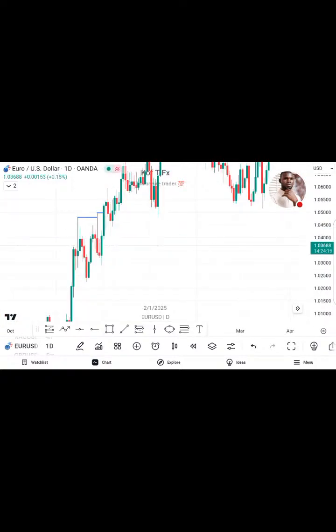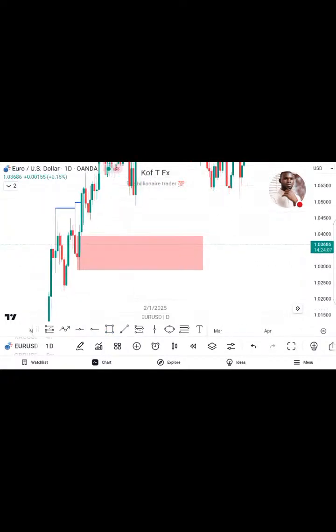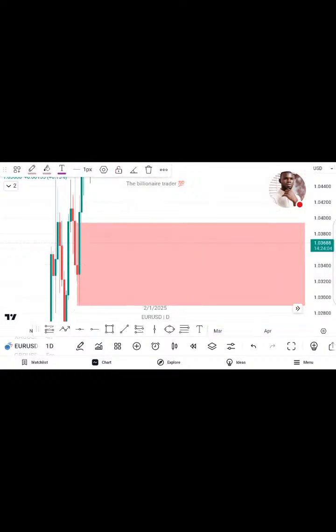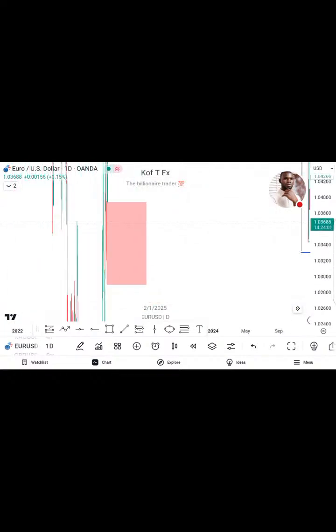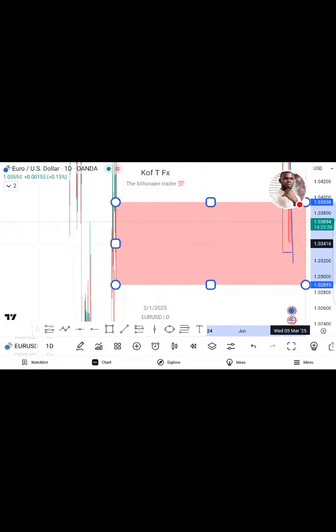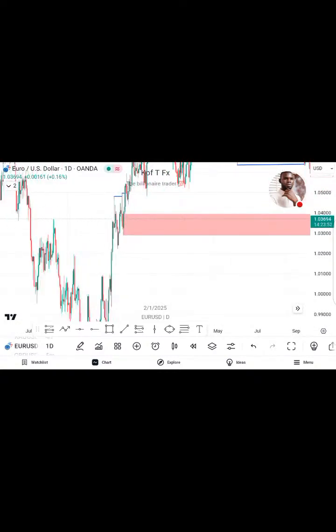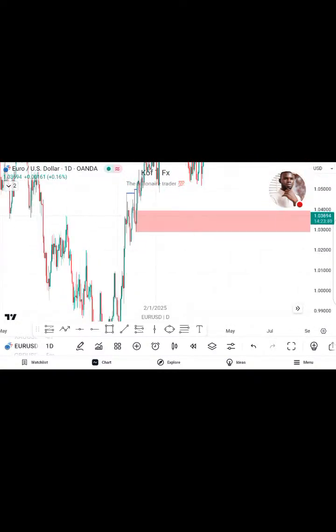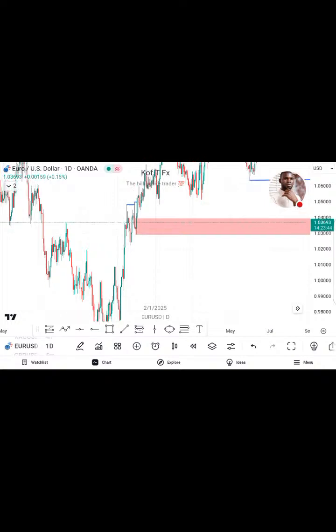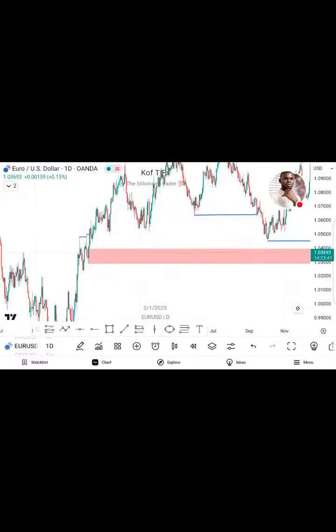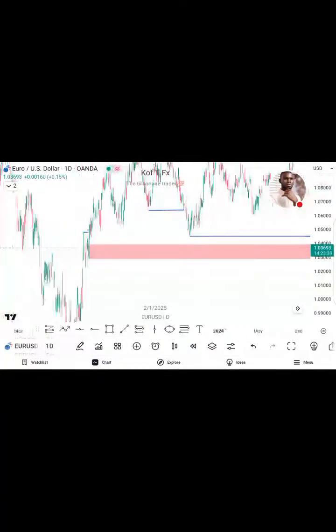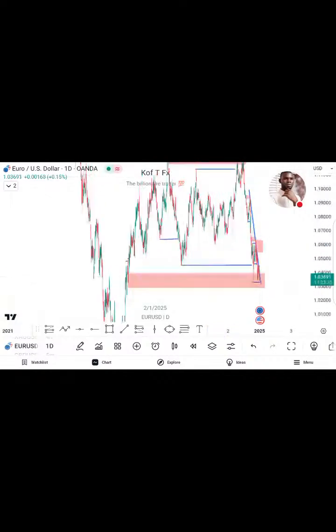So we have this unmitigated zone, and before that particular zone is this inducement.